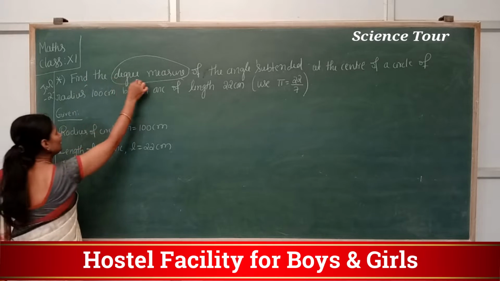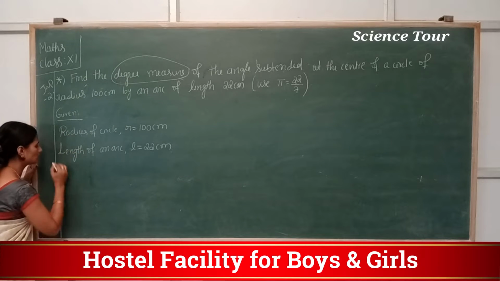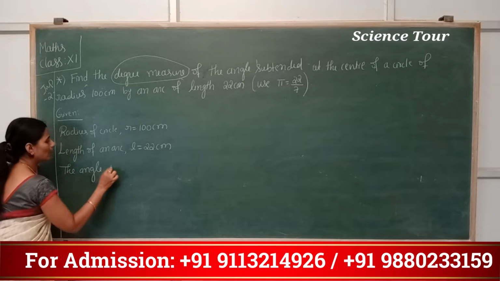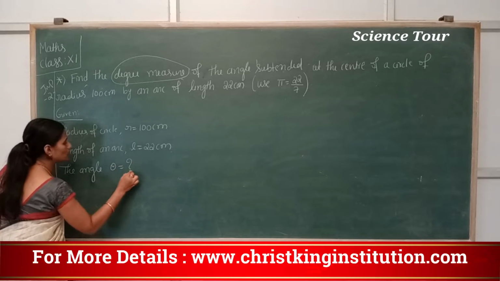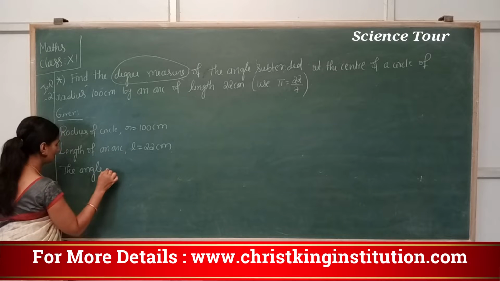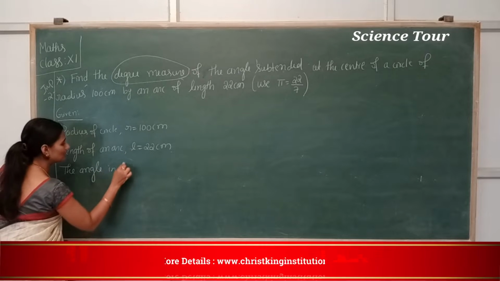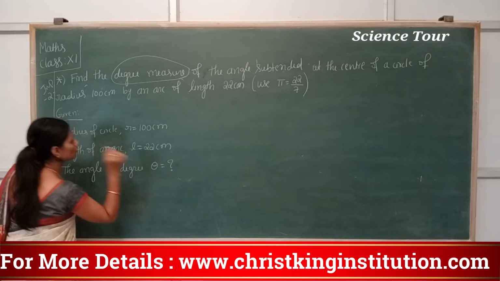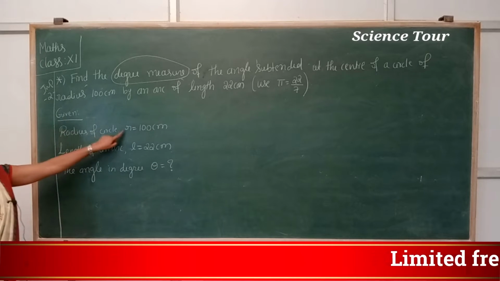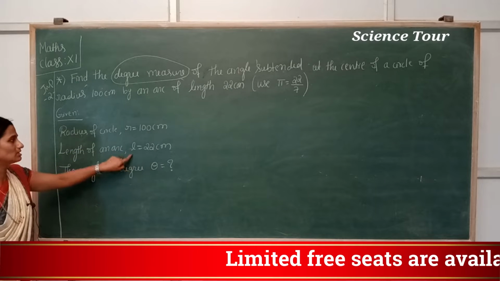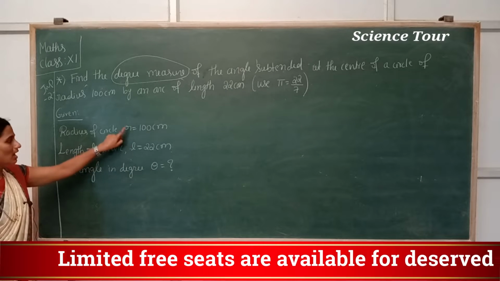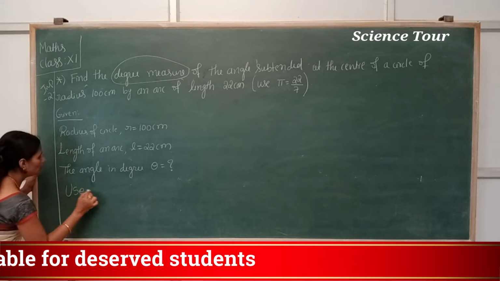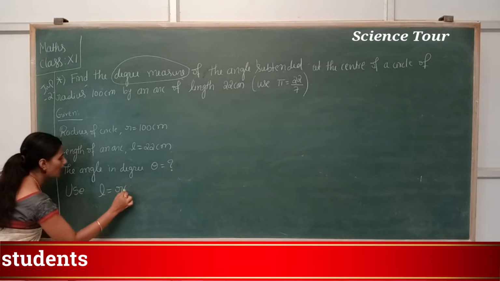So find the degree measure of angle theta, the angle in degree. First we will see the relation among these 3 letters, L, R, theta. Use the formula L is equal to R theta.